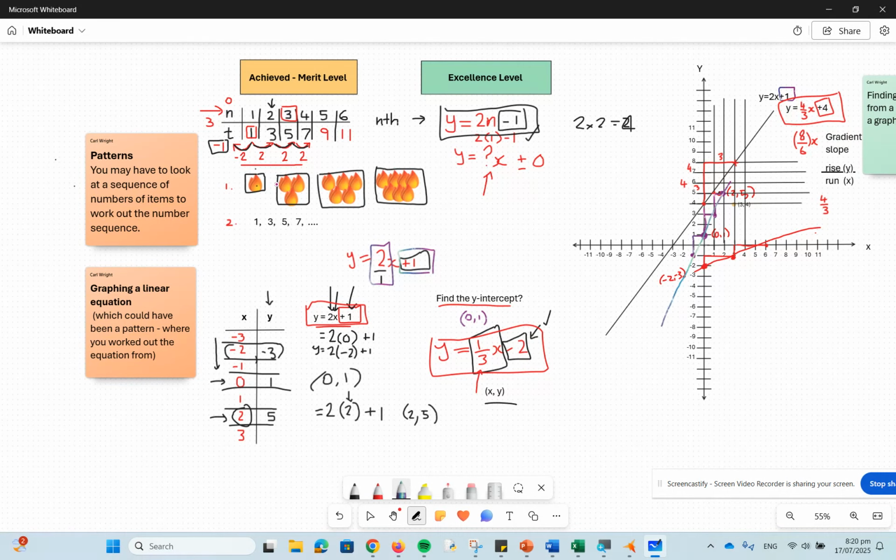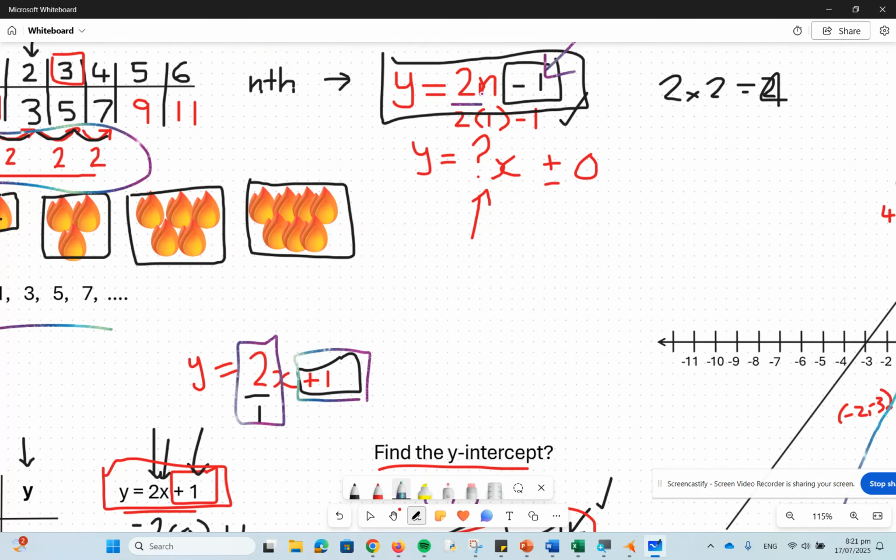Okay, anyway, I've tried to rush it, go as fast as I can, but hopefully you understand that getting a number pattern, you can plot it, work out the difference, and then go back to the 0 point to get the y-intercept value, and the 2 part comes from the difference between the numbers. And then you can plot that graph, 2n or 2x minus 1.